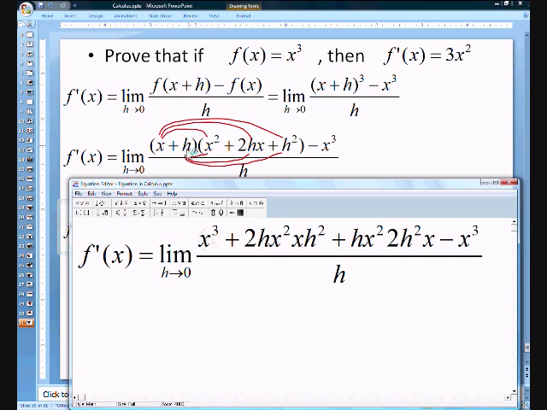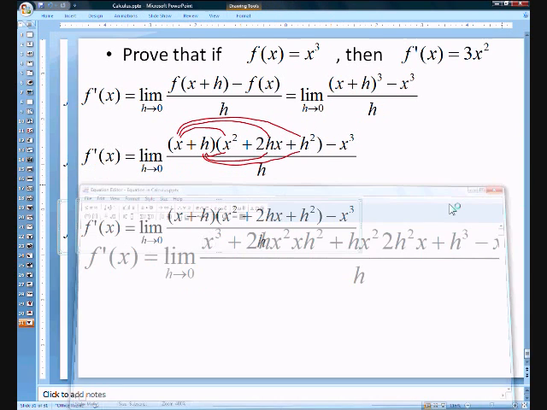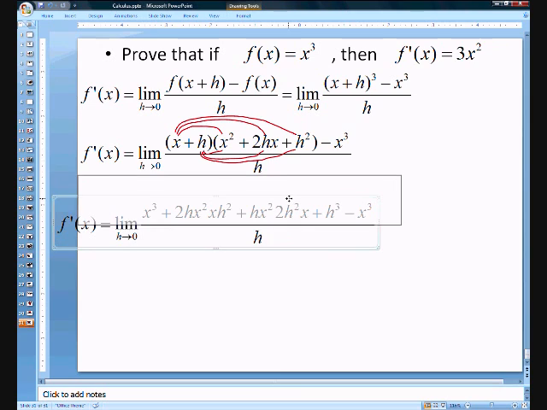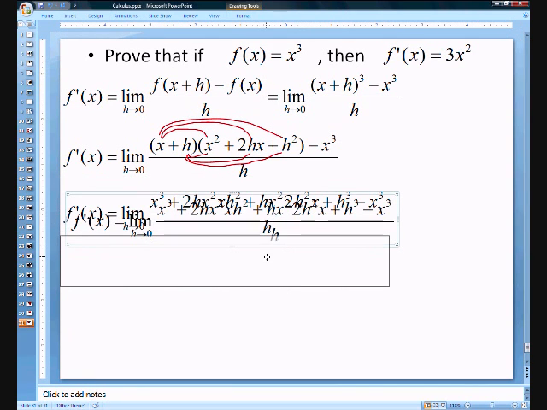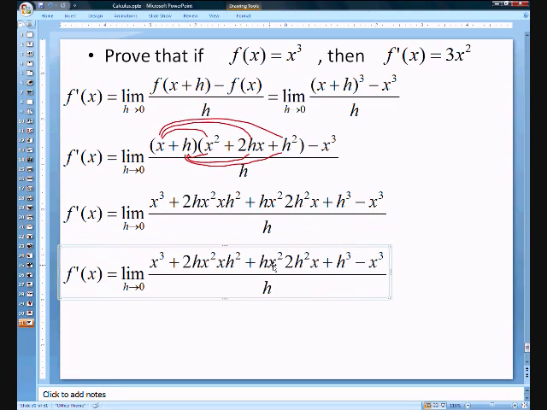And plus h cubed. So now we've distributed that. That wasn't so bad. X to the fifth power is going to be the real pain in the butt. And I despise the person who gave me that assignment because it is very monotonous.